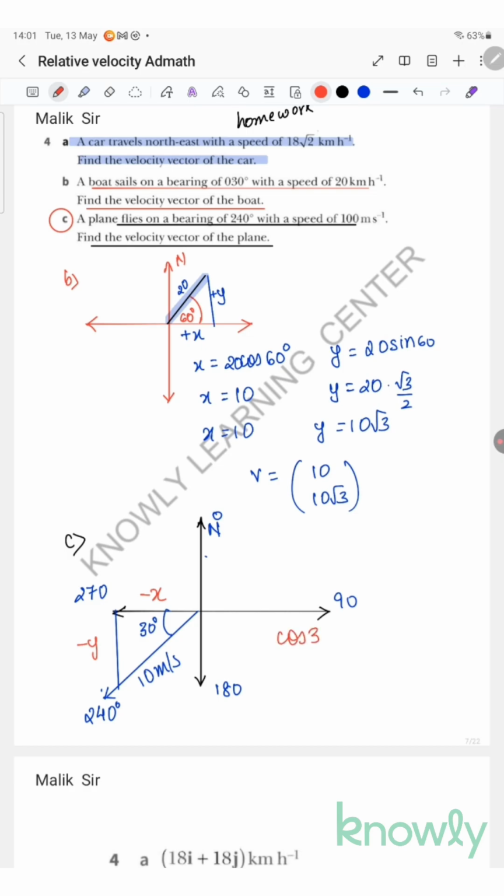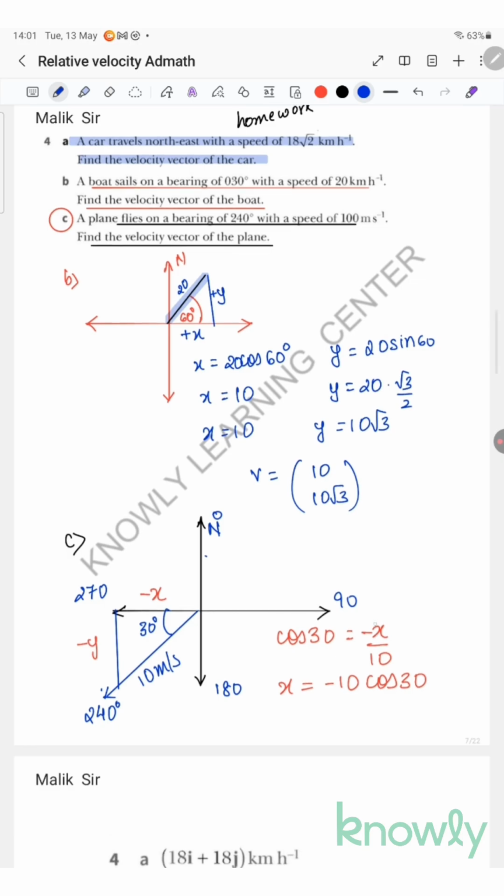So cos 30 is adjacent over hypotenuse, where adjacent is minus x and hypotenuse is 100. So this is minus x over 100, so x is equal to negative 100 cos 30.